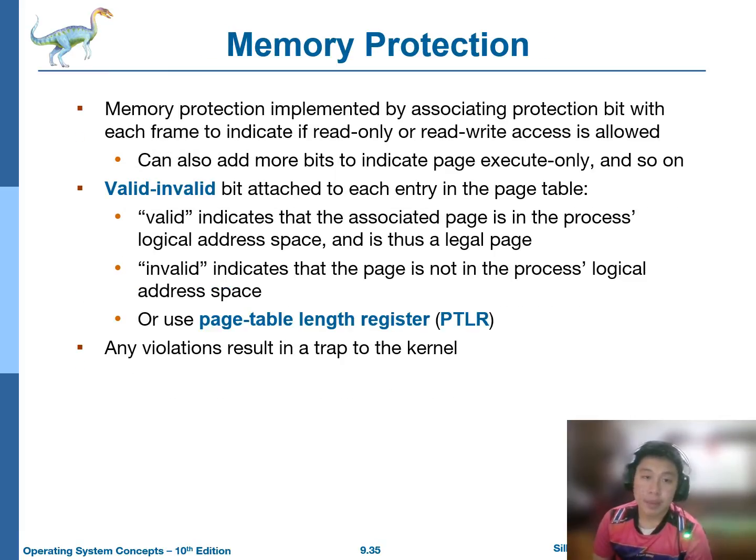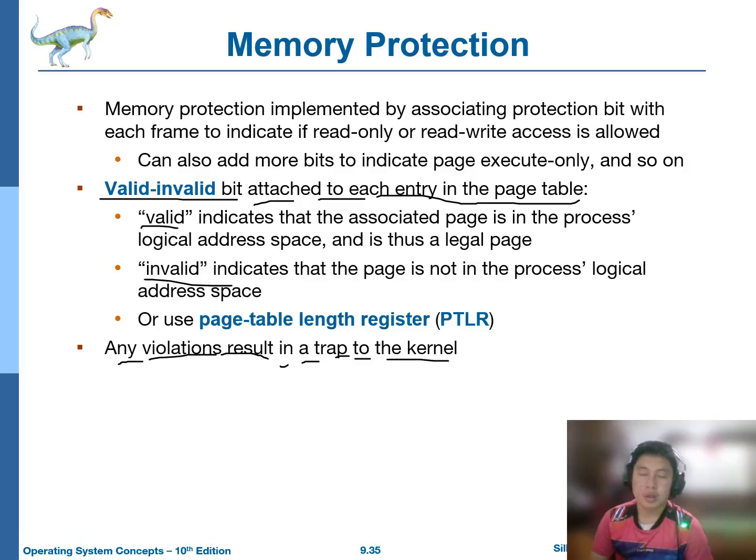Memory protection is implemented by associating a protection bit with each frame to indicate if read-only or read-write access is allowed. A valid-invalid bit is attached to each entry in the page table: valid indicates the page is in the process's logical address space; invalid indicates it is not. Any violation results in a trap to the kernel.